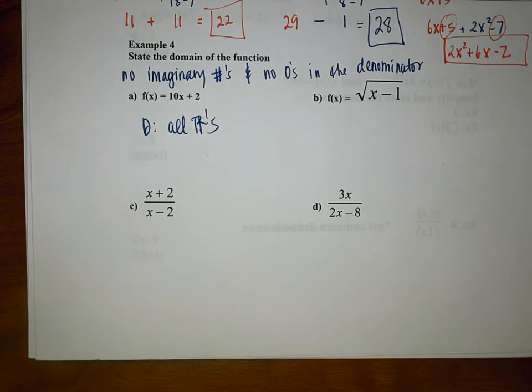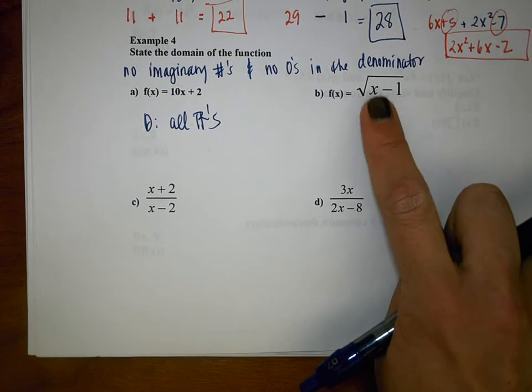What about B? Okay, you have an even root. Can we end up getting a negative number under the root that would make an imaginary number? Yes. Is 0 under a root okay? Yes, 0 under the root is okay. So, at what values will it start making imaginary numbers?